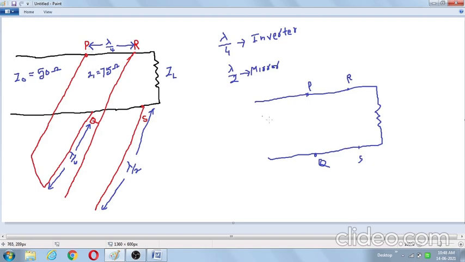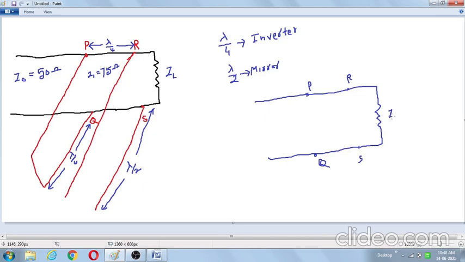So simply redrawing this transmission line, we get this diagram because there is no impact. Both are open circuited. The short circuited line output impedance is infinite because the length of the transmission line is lambda by 4. This open circuited stub output impedance is also infinite because this stub length is lambda by 2. So this is the diagram.